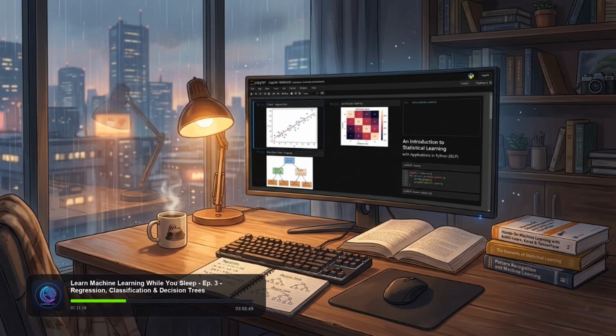Ridge regression modifies the normal equation by adding lambda times the identity matrix to X transpose X before taking the inverse. The closed-form analytical solution for ridge regression is written as beta hat ridge equals the inverse of the quantity X transpose X plus lambda times I, multiplied by X transpose y, where I is the p by p identity matrix.